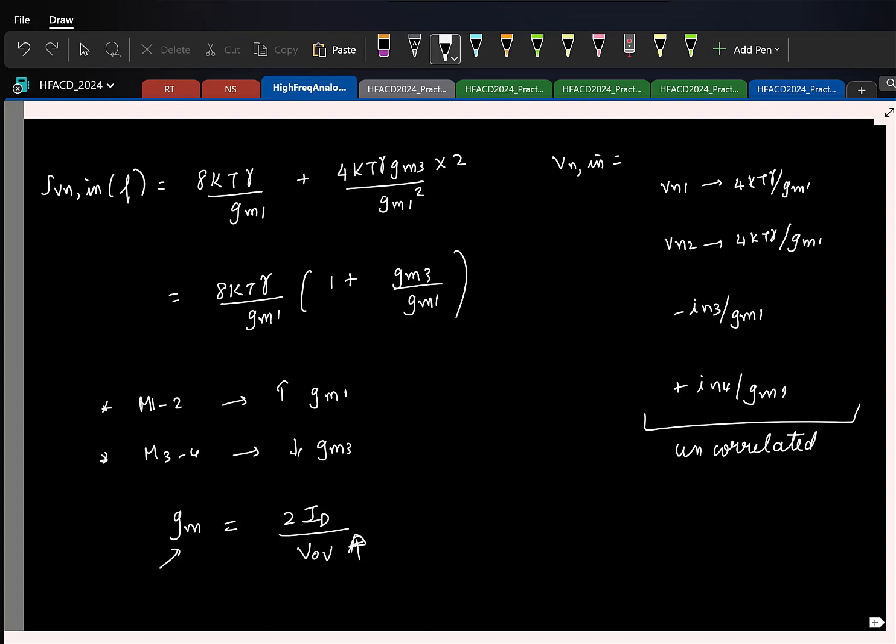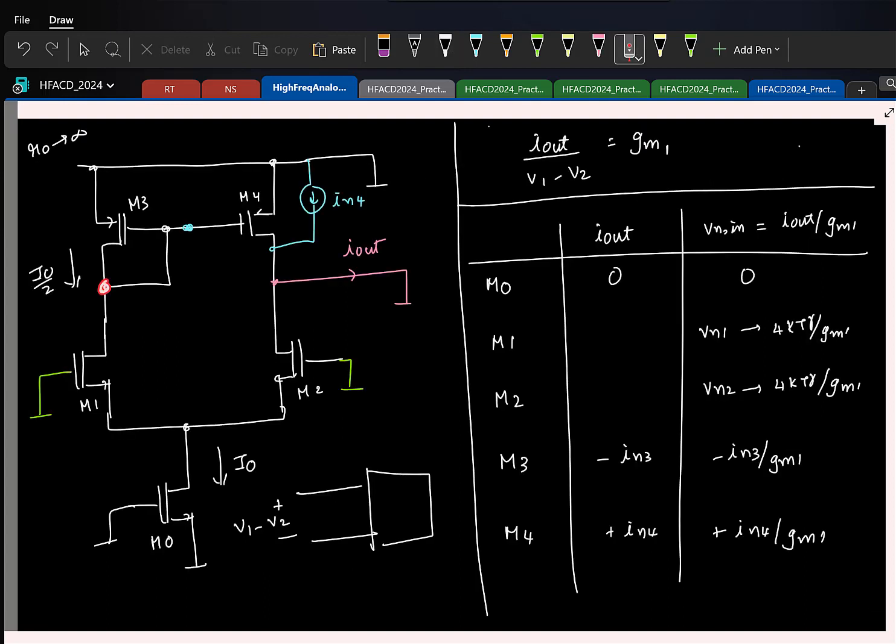If overdrive increases, what can you say about the gate voltage? The gate voltage of the PMOS, same as the drain voltage of the NMOS, will keep reducing. If the drain voltage reduces, the NMOS can go out of saturation, so there is a limit. You can't keep doing this randomly.